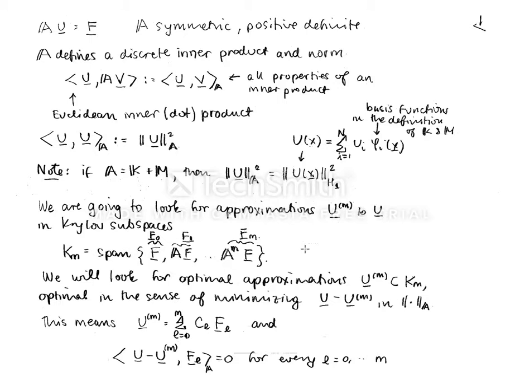So they are a nested sequence of subspaces that includes the right-hand side function f, and then all multiples of f by A up to m times multiplication by A. If we wanted the next subspace, we would just add another direction, which would be A to the m plus 1 times f.